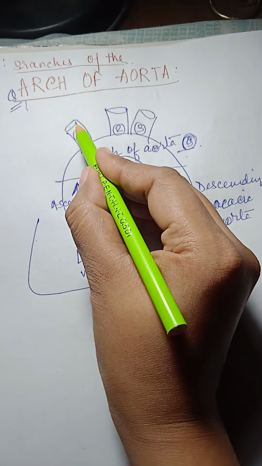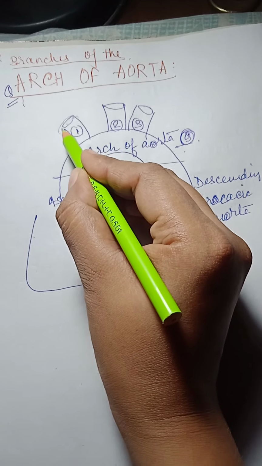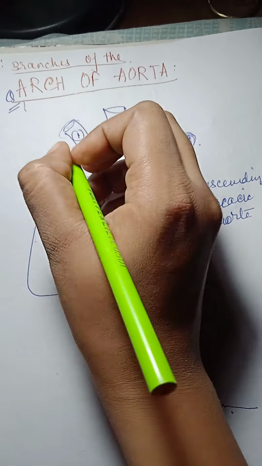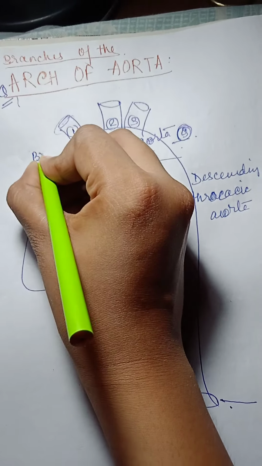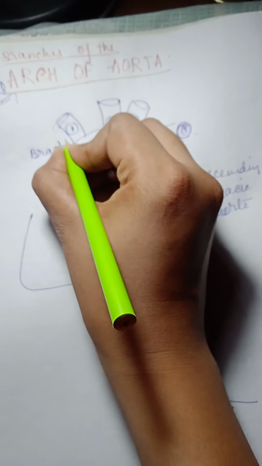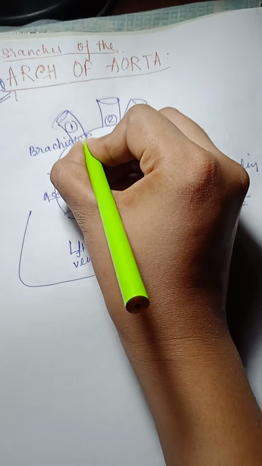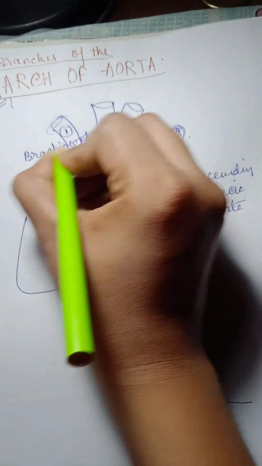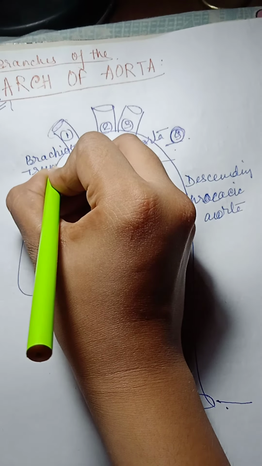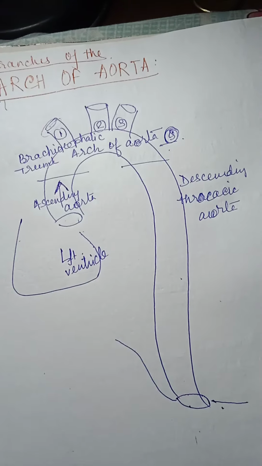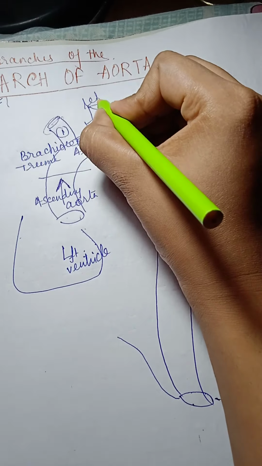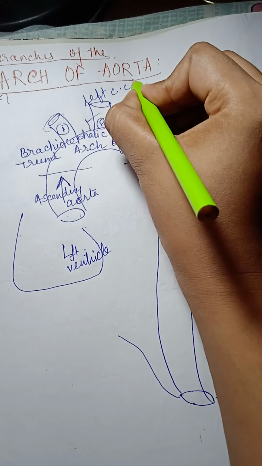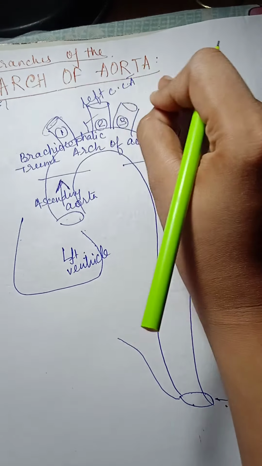So the first branch arising from the arch of aorta is known as the brachiocephalic trunk. Number 2 is known as the left common carotid artery, I'm just writing it in short.